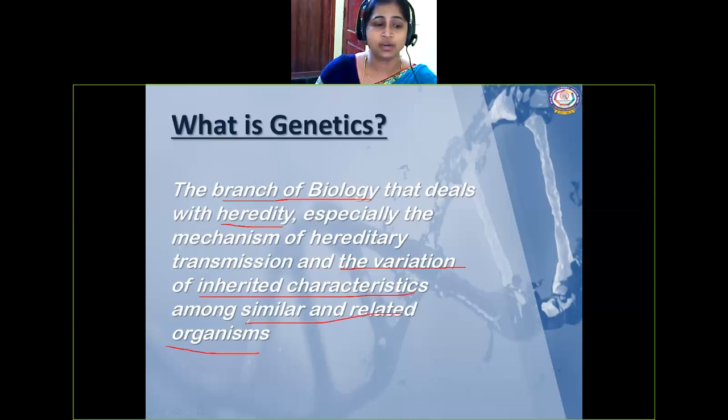When we are talking about related organisms, that is about hybrids also. So what is a hybrid? A hybrid is nothing but the combination of two characters from the two parents, right? All these things we are going to see in detail later in this class.